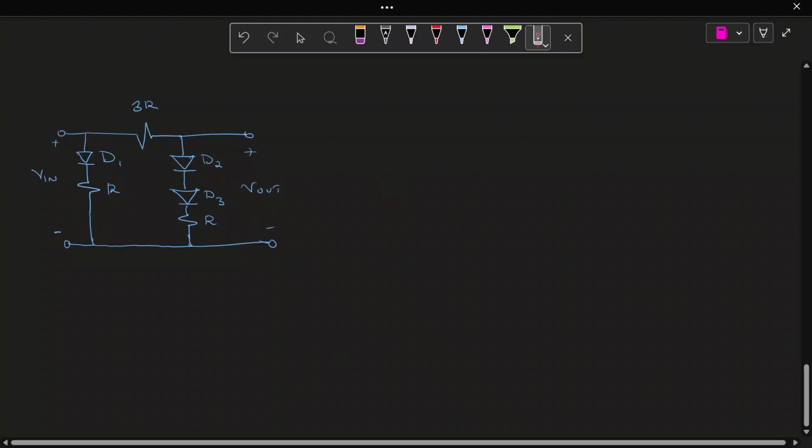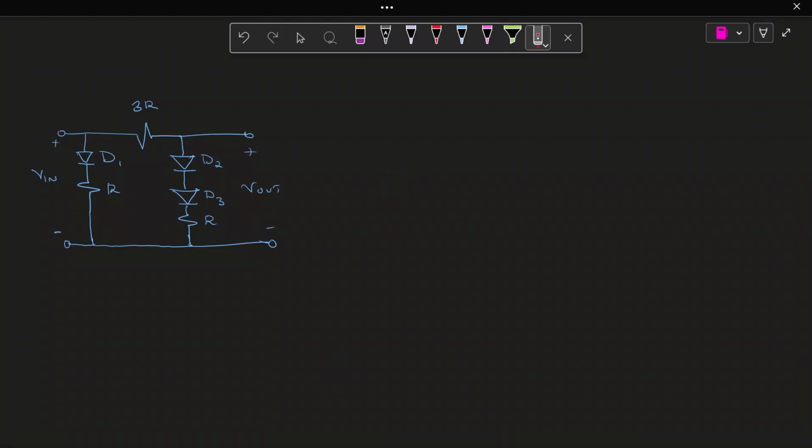So before we start, we have to notice what our relationship is. What is V out? Well, V out is the voltage drop across D2, the voltage drop across D3, and the voltage drop across R. We are going to assume our voltage drops across the diodes are 0.7 volts, and that RD is 0.